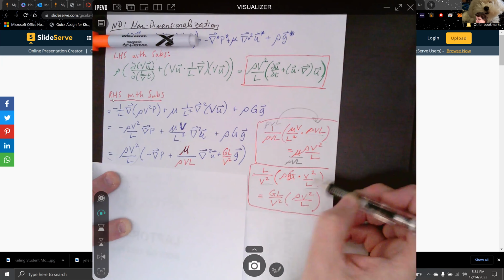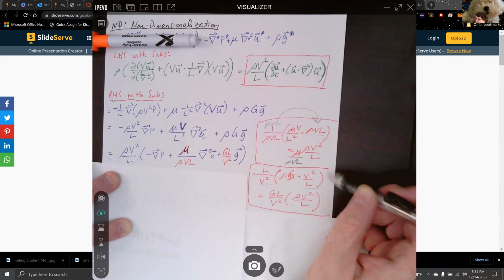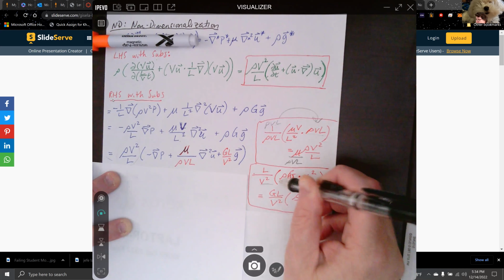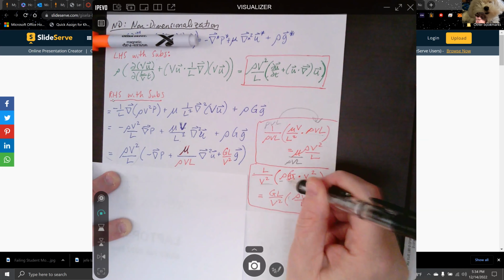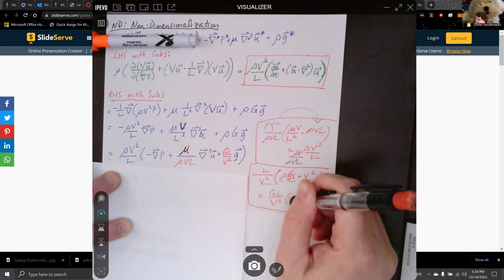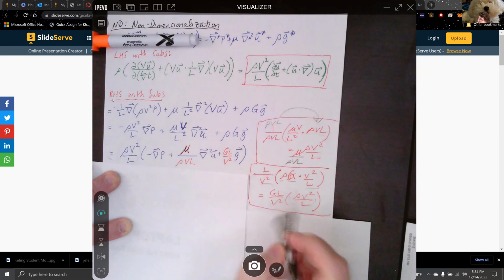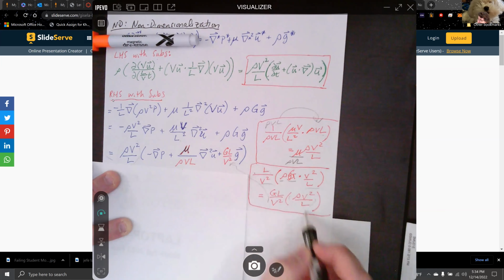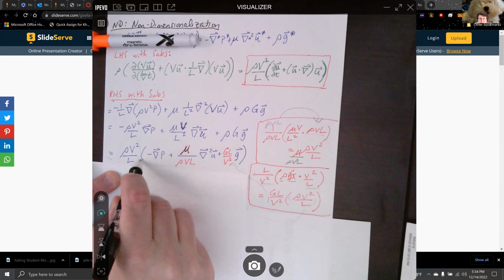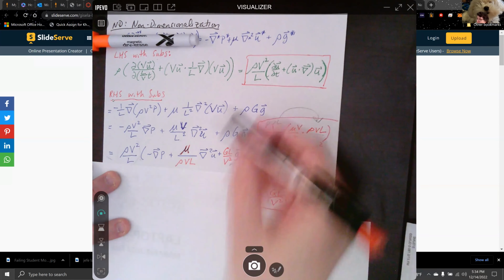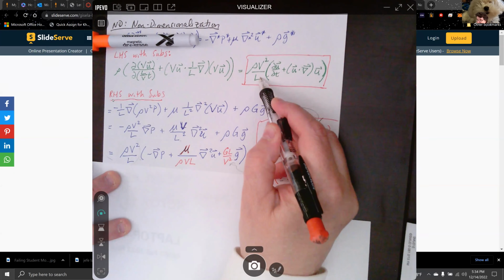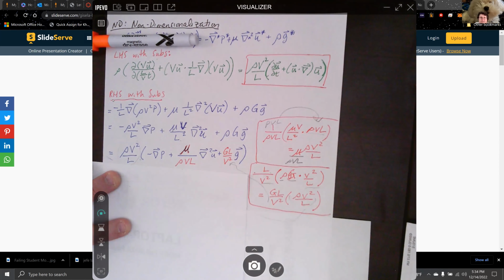I've got just rho G again. But here now I've got rho V squared over L all together. And I'm left with G times L over V squared. So that's there, and this got pulled out back outside. So now I've got rho V squared over L out in front in both places. Okay, so I can divide through them and get rid of them.